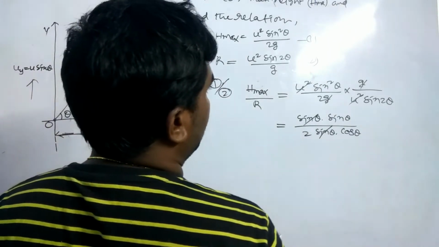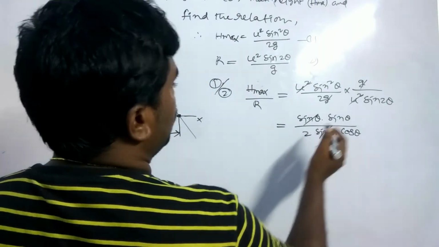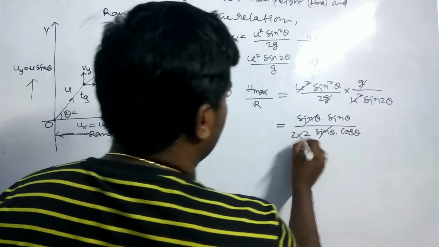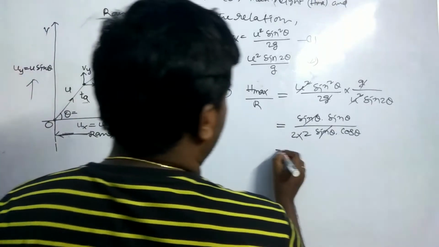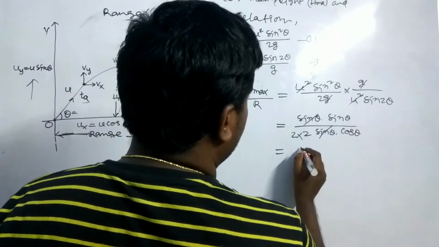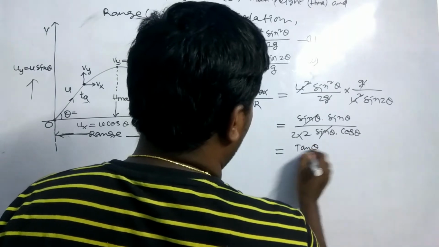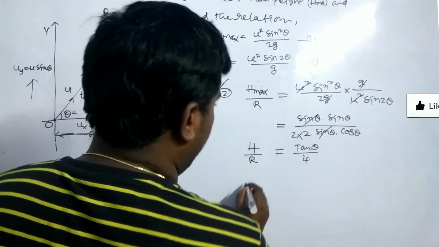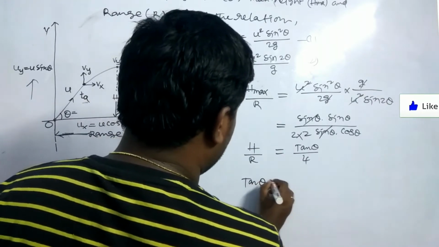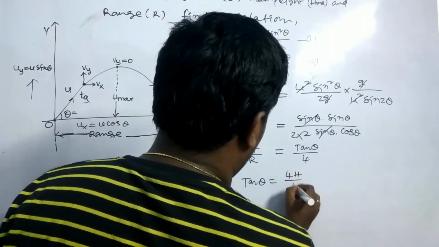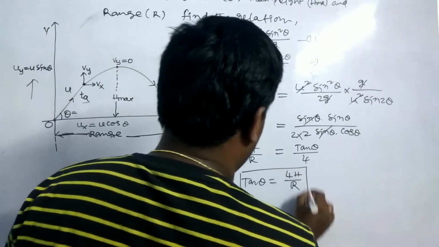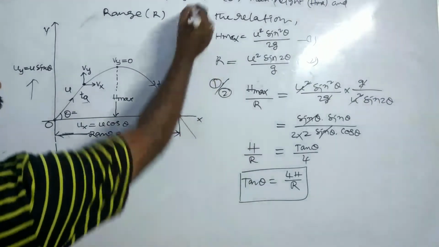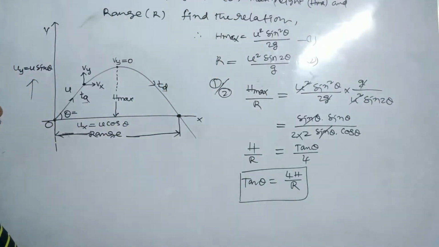Then you can write 2 into 2 sine theta cos theta, where sine theta by cos theta is tan theta by 4. Here it is h by r, so tan theta is equal to 4h by r, where theta is the angle of projection.